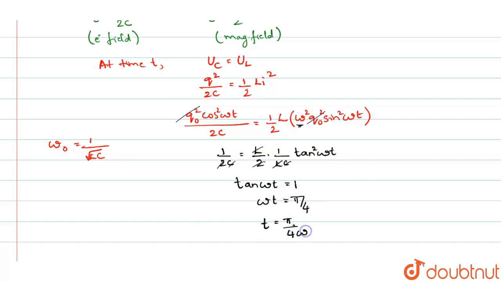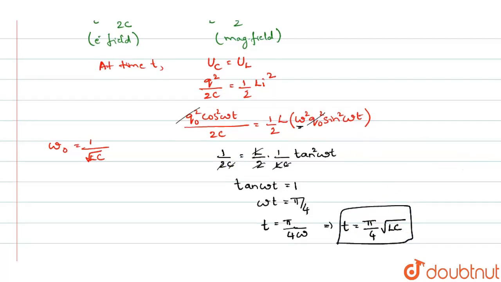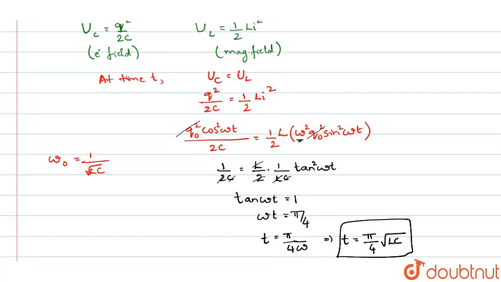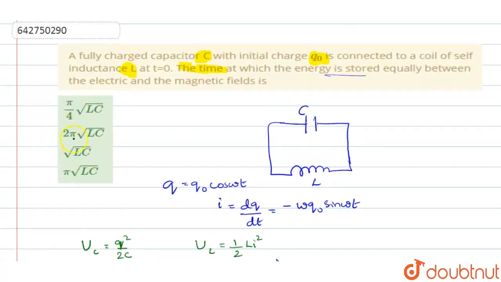And as we know, omega is 1 by root LC, so you can write t is equal to pi by 4 into root LC. This is the time at which the energy stored in the magnetic field and electric field will be equal. See the choices: it is pi by 4 root LC. Option A will be the right answer.